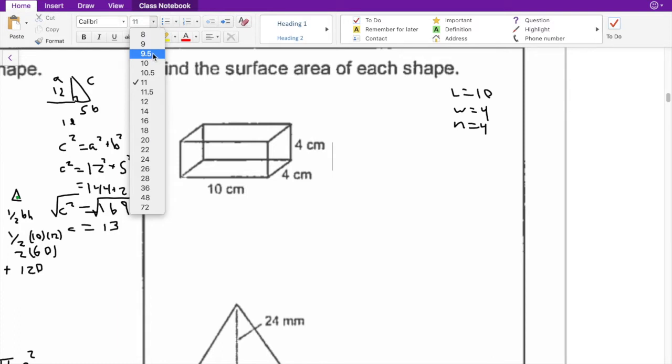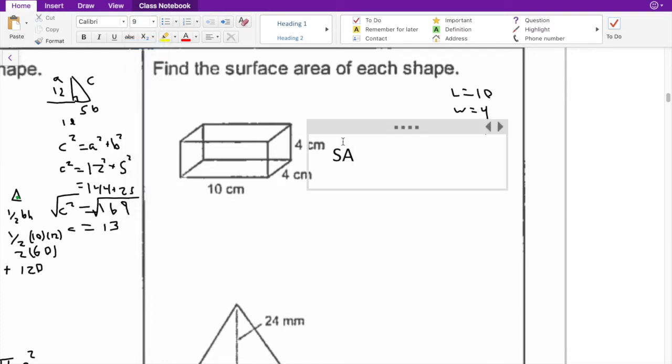So, surface area is going to equal 2 times width times height plus length times width plus length times height. So what you're pretty much doing is taking this side, and the bottom, and you're going to times by 2 because this side has a partner on the back side, this part has a partner on the other end, the bottom has a partner up top.